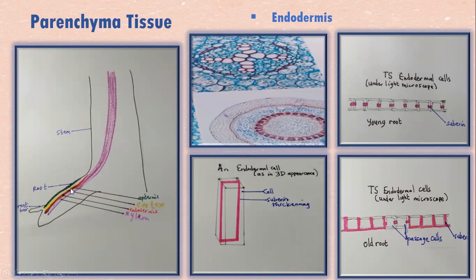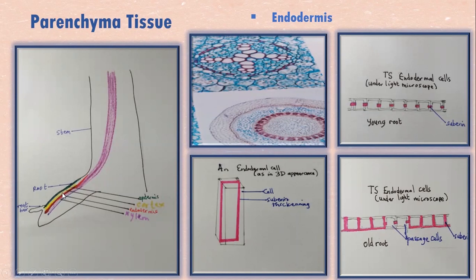So the endodermis protects the plant from bad substances like pathogens or mineral salts that are not needed from getting into the xylem, because the substances cannot freely move through the cell wall.